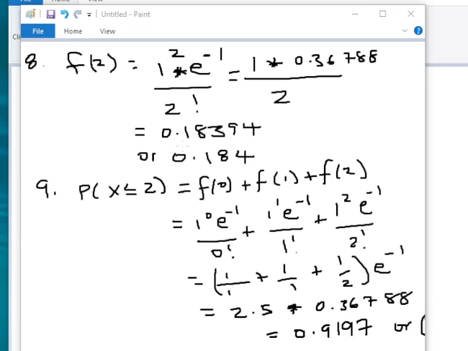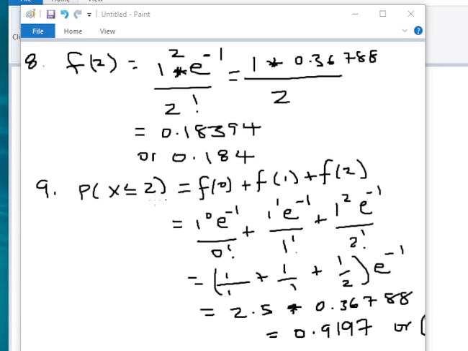So our final answer is 0.184. We're not going to round to 0.18 this time because this 39 is large enough for us to count it. So we round it to 3 decimal places in this case. But because you're going to need these numbers again for number 9, you might not even want to round it at all. You want to leave the number just like this, so you have a more accurate final answer.